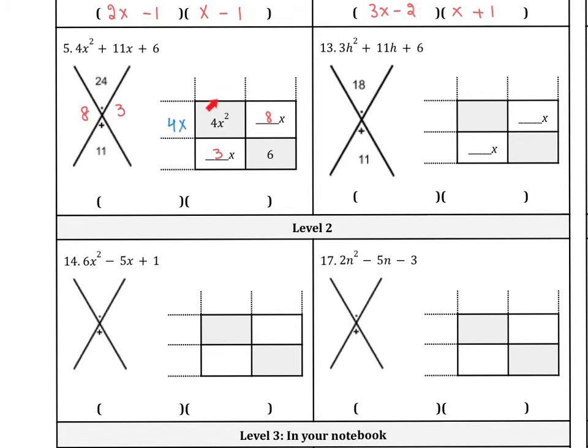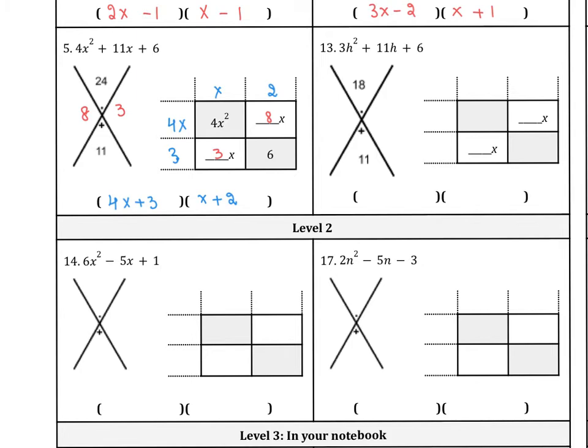What you multiply with this one to get 4x squared is x, and 4x times 2 would be 8x. Here you multiply the number that is 3. So 3 times x is 3x, 3 times 2 is 6. The outer numbers make the factors, so 4x plus 3 and x plus 2.